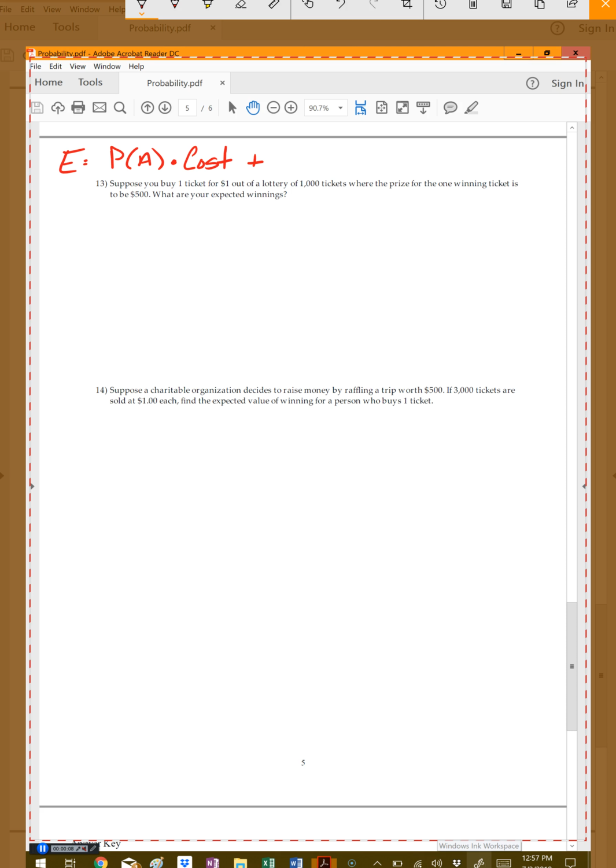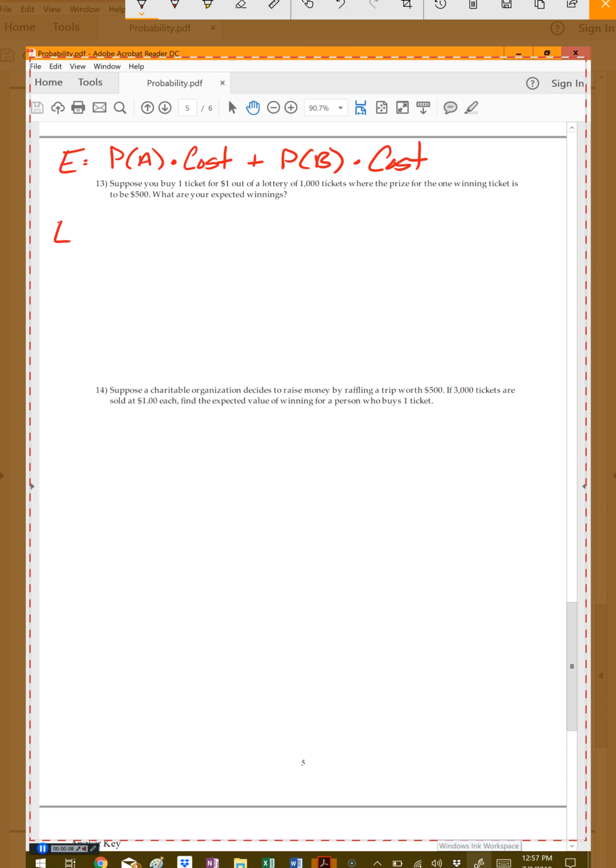For instance, if you buy a ticket, say, some kids at a school are doing a raffle for something, and you buy a chance on, whatever the prize is, you have a probability, a chance of winning, but then you also have a chance of losing. And so you have a chance of just losing your money. And so this accounts for that. So that other probability, we're going to call it probability of B, times its cost. And so we'll see that in our first example here, how that actually factors out.